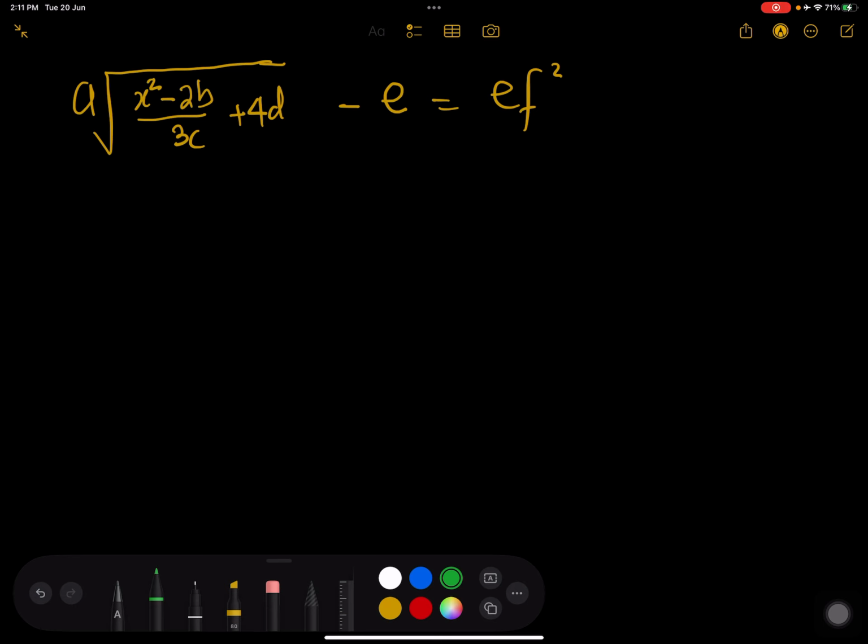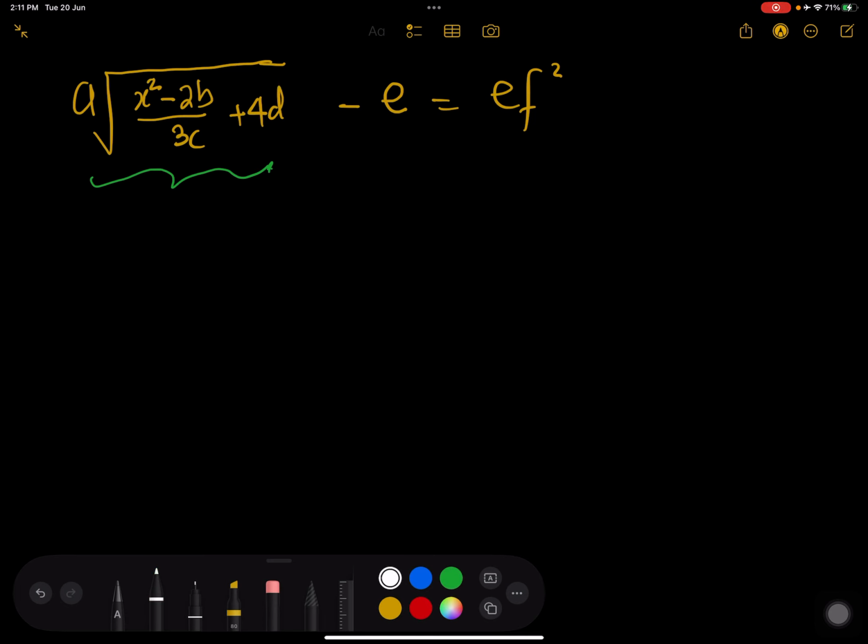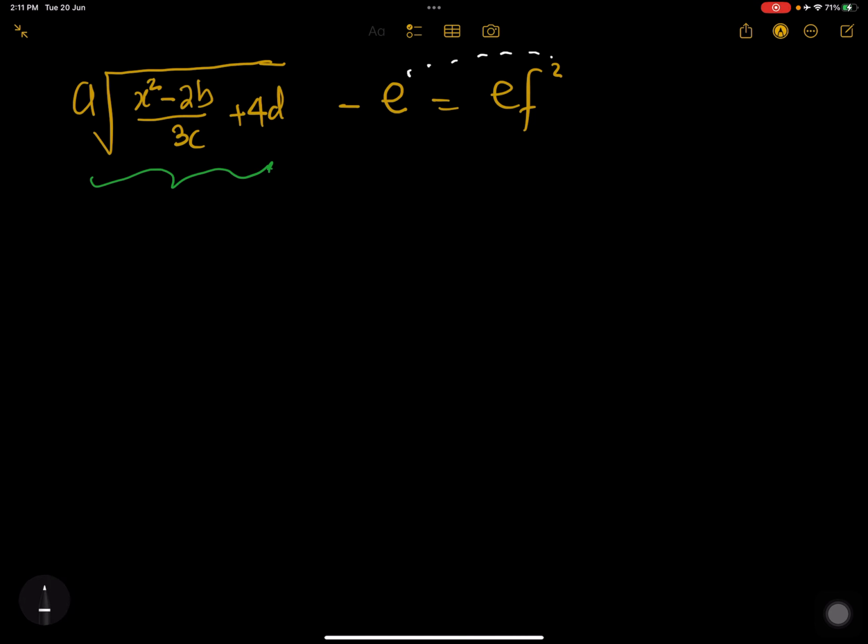So what we're going to do is we are looking for x, and we know that x is on this side. Our x is here. Okay, it's still on the left-hand side. So what do we do? We can first of all take this e away. This e can move over here first.